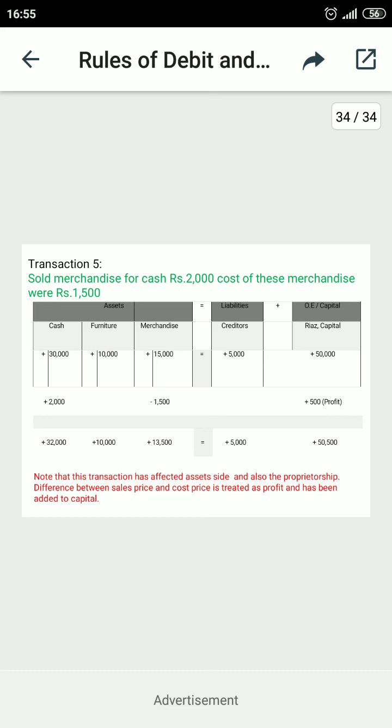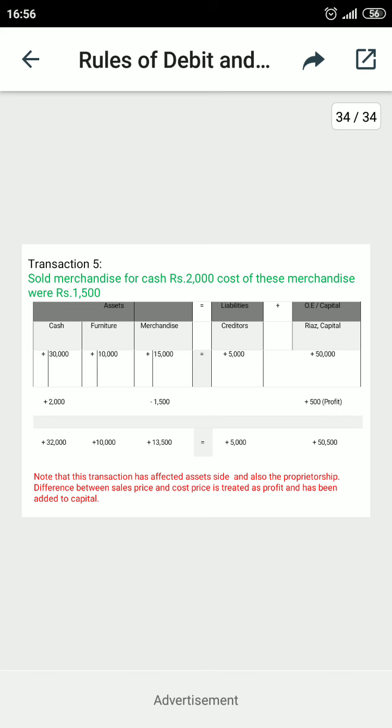Now the result you may observe: cash is increased, 30,000 plus 2,000, 32,000. The furniture has no change, the same 10,000. The merchandise is 15,000 minus 1,500, so 13,500 is now the balance.